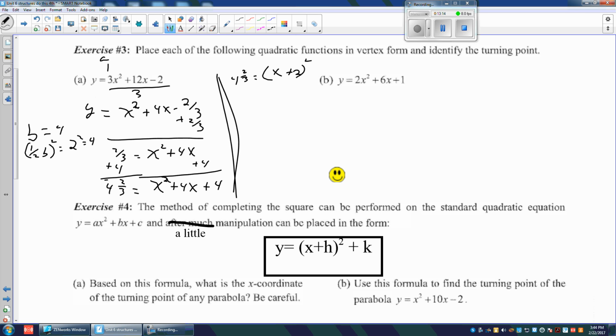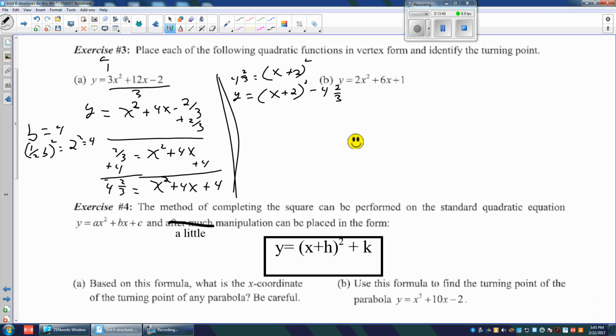Now let's move the 4 and 2/3 to the other side because we need it in this form down here. So I'm going to subtract the 4 and 2/3, and I get y equals, or 0 equals, it doesn't matter, we'll have to turn it into a y equals anyway, x plus 2 squared minus 4 and 2/3.